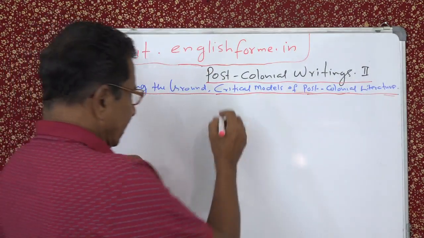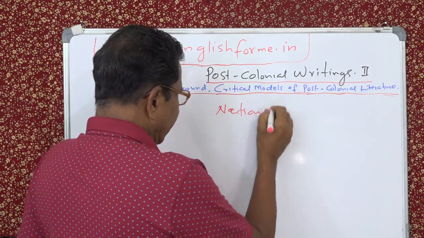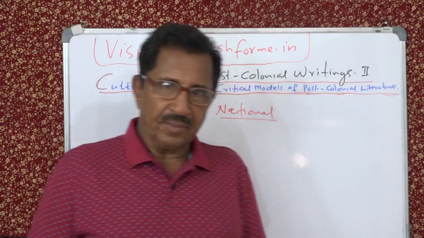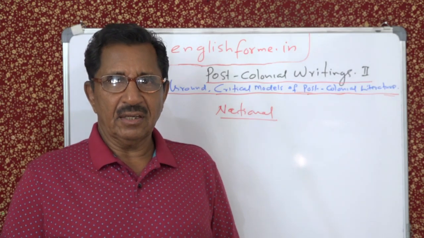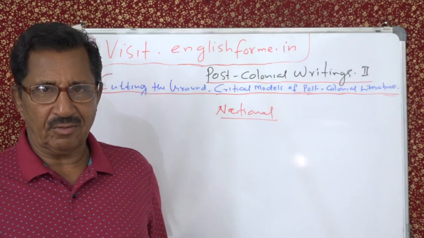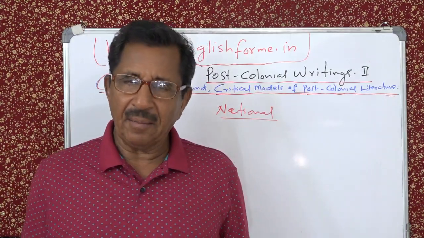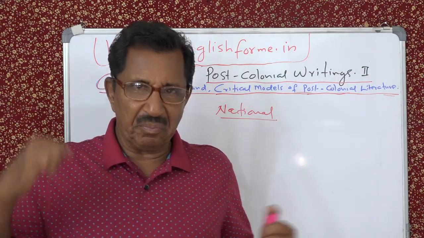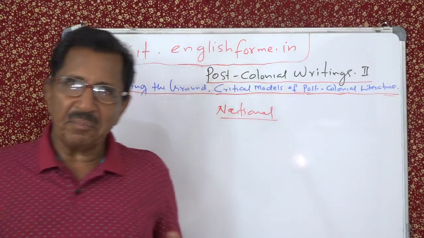And the first national literature which is of significance, which has laid the foundations of post-colonial literature, we can say, is the American literature, the American variety of literature. America is so economically powerful, politically powerful, and then you can say a global power.